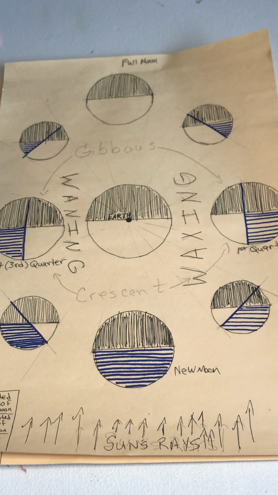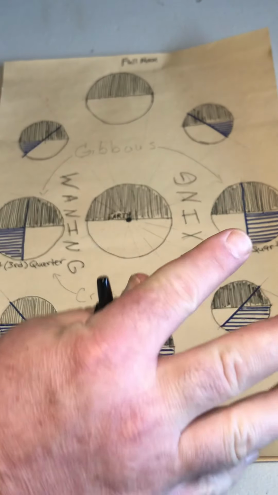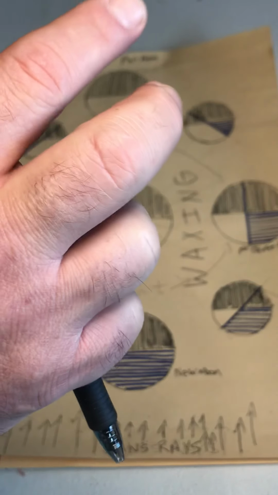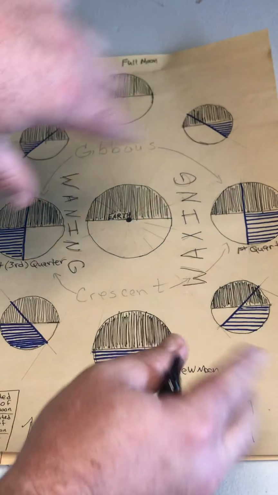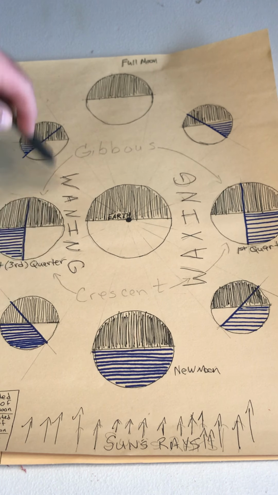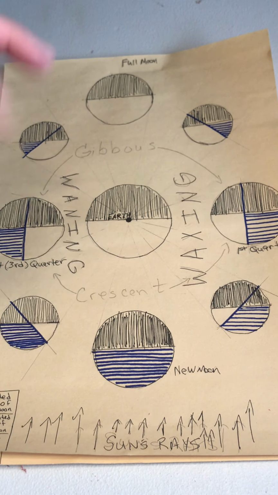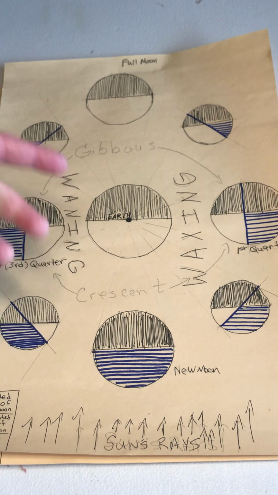So if you hold both your hands up, and your left hand makes an L, this is your right hand, and the illuminated side of the moon is on the right side, it's waxing. After the full moon, when the moon starts rising and it's waning, and the illumination is shrinking, then it's on the left-hand side. Just like on our poster here, it's on the left-hand side.